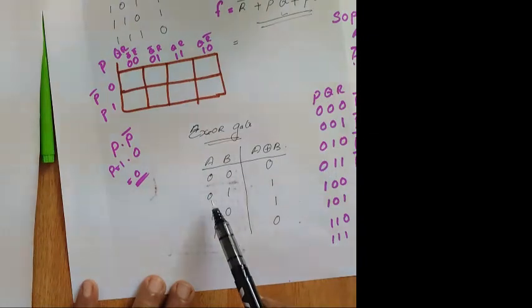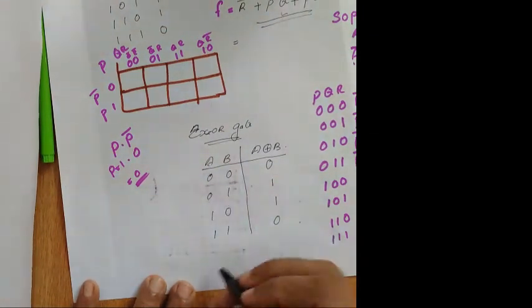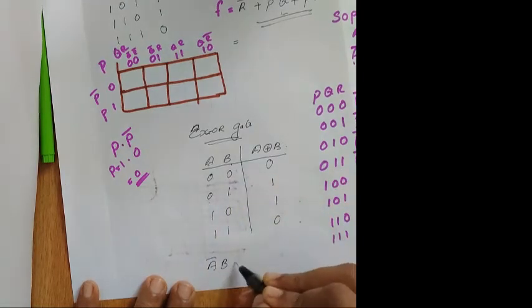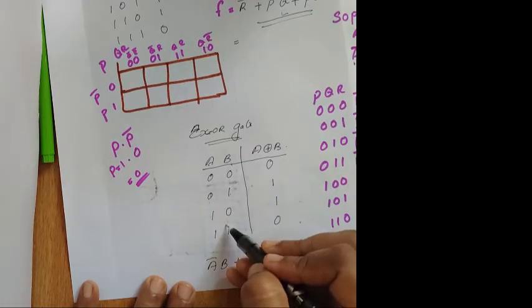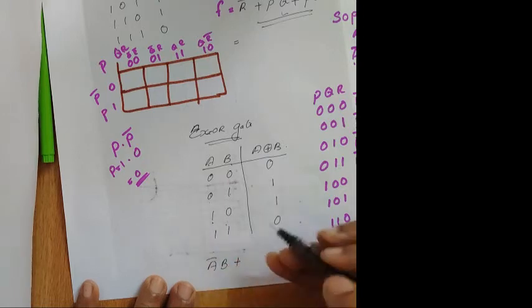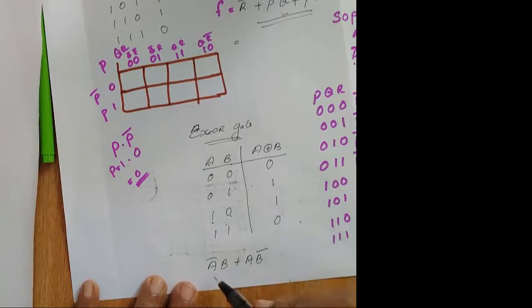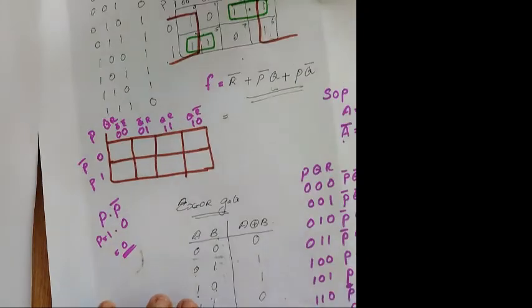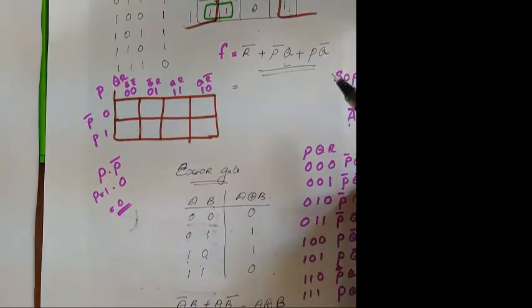So if you are writing the variables for that, what happens? 0, isn't it? You will get A bar, 1 B. Now next expression you are writing, so that will be plus, and this will be 1 A, and this will be B bar. So A bar B plus A B bar is equal to A XOR B. Don't forget, this is the thing that you got over here, P bar Q, isn't it?